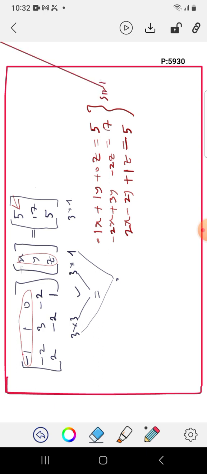Now, things are easier now. You don't have to solve simultaneous equations manually again. What I often do is that I can just load it into a simultaneous equation calculator, and it would give me my answer.